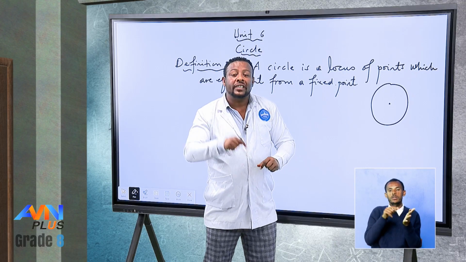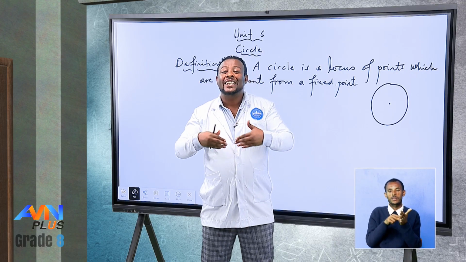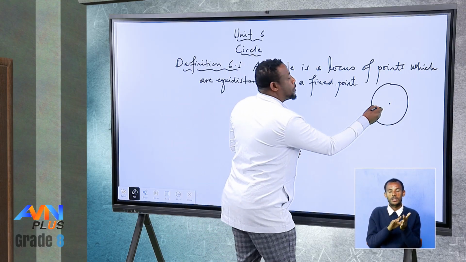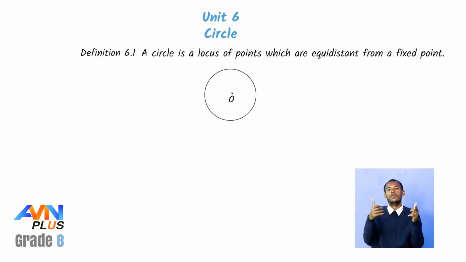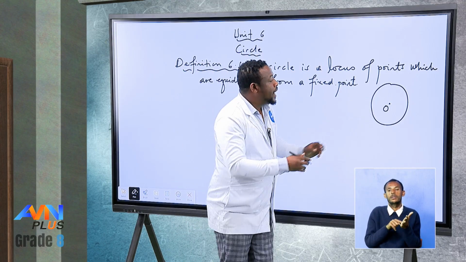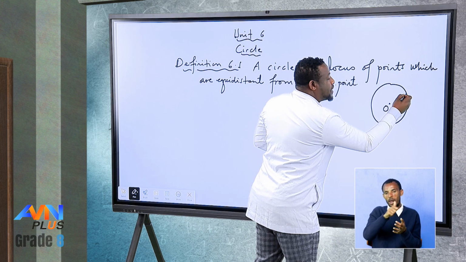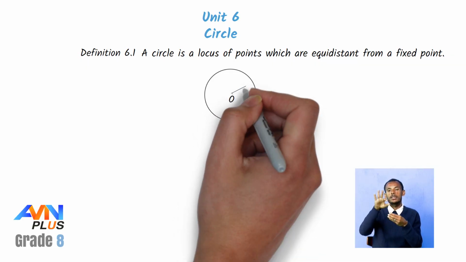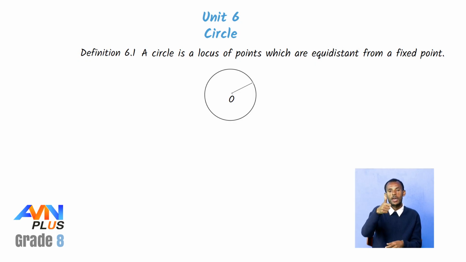That fixed point is called the center, and the center is usually represented by capital letter O. You can take any point on the circle, say A. OA, this distance, is called the radius.